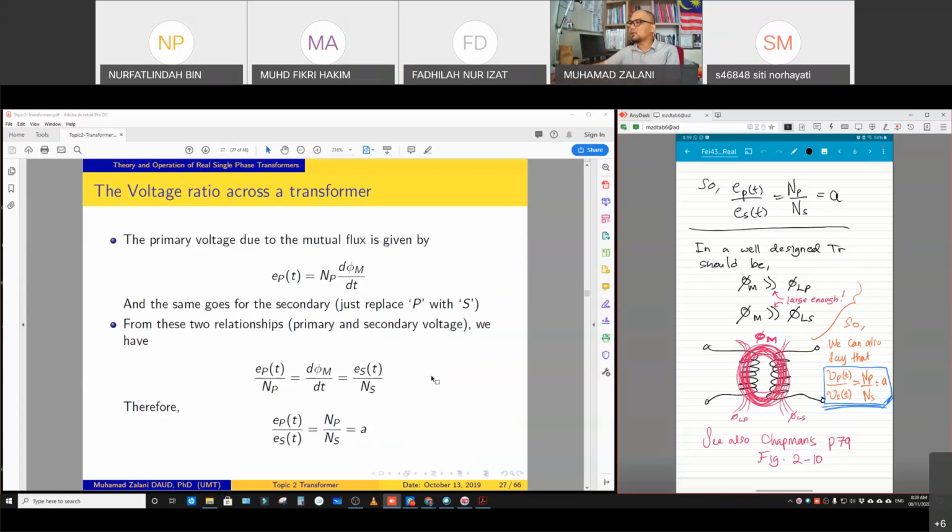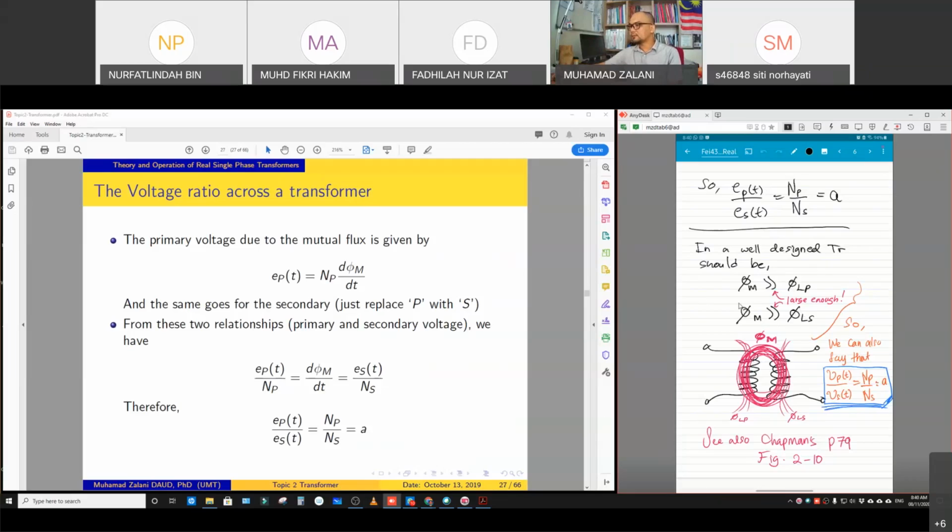But the majority will be confined inside the core of the transformer. That is, using this expression, phi m is large enough compared to the phi leakage at the primary. Okay, so similarly for the leakage at the secondary part, we can say that the mutual flux will be much larger than the leakage flux at the secondary.